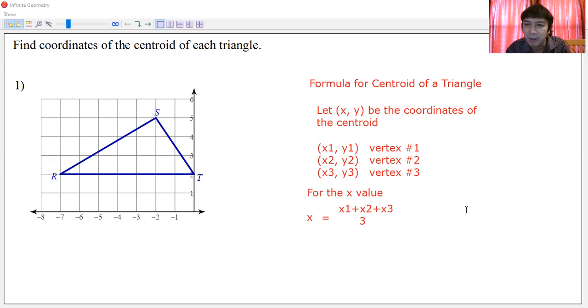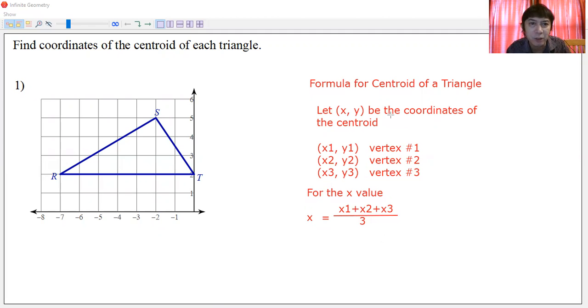This will be after getting the sum of the x values from each vertex. This is how to get the x value for the centroid. So it's just basically the average.